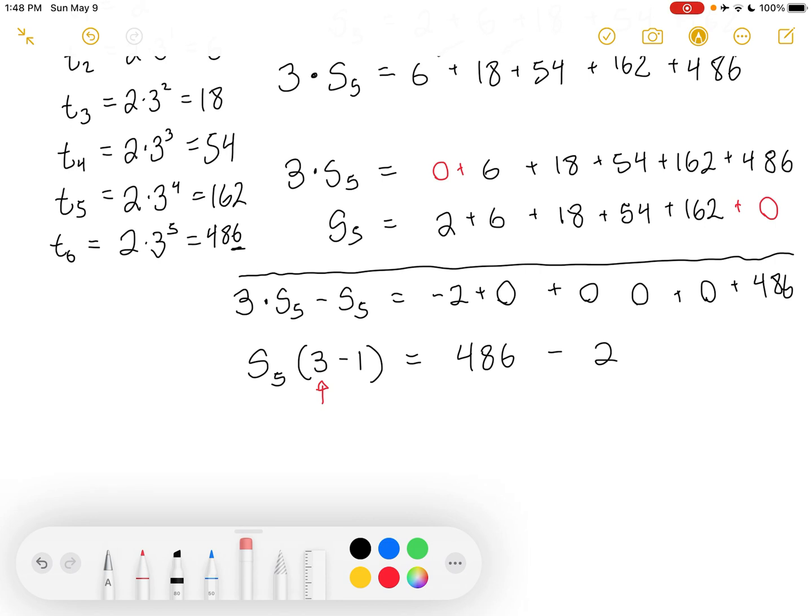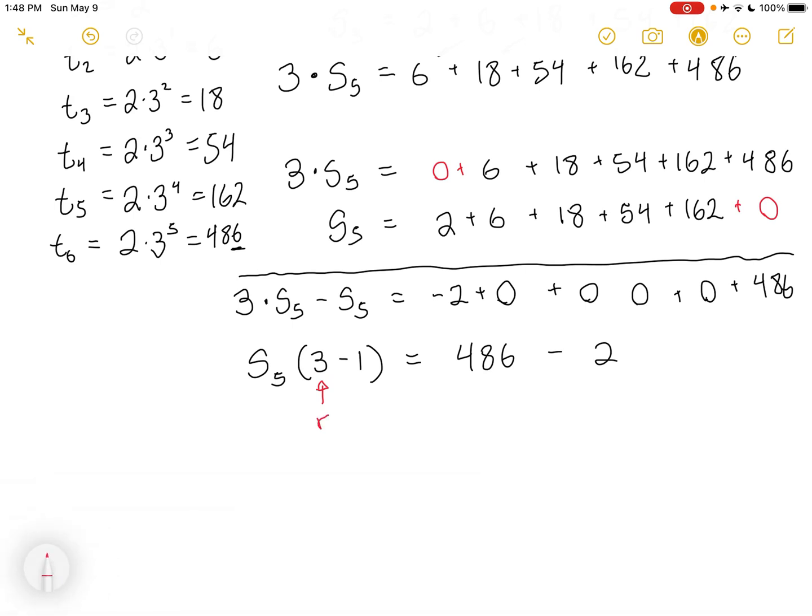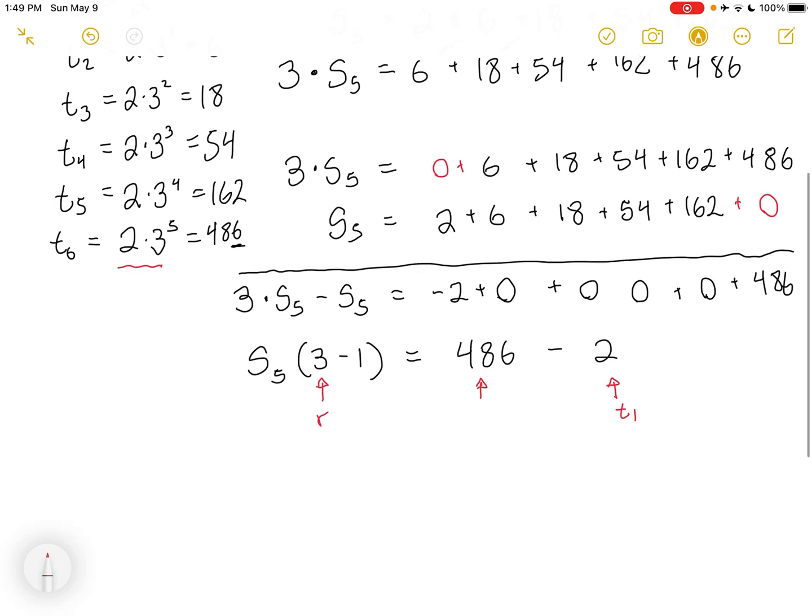This is R. Let me erase that. That's the common ratio. This is T1, right? This is T6, and T6 is 2 times 3 to the 5. That's T1 times R to the 5.